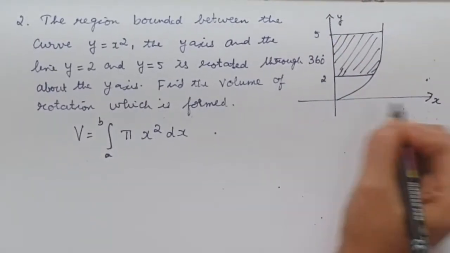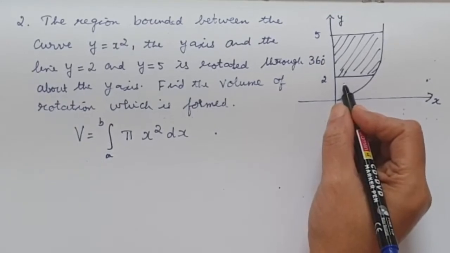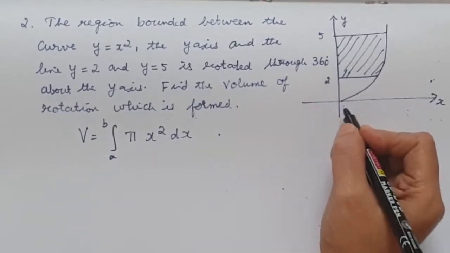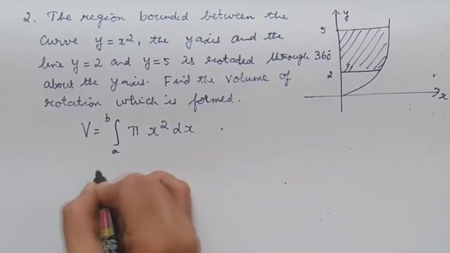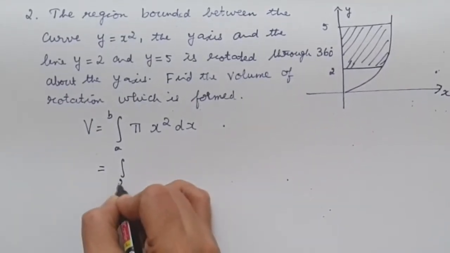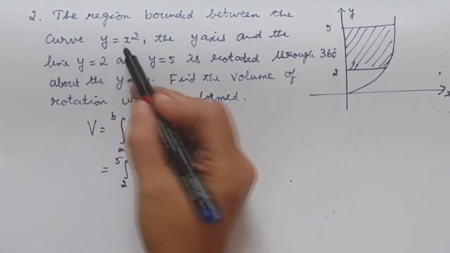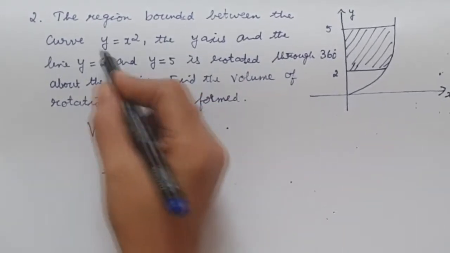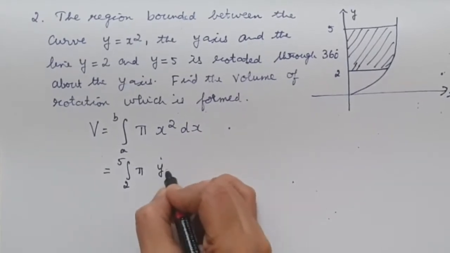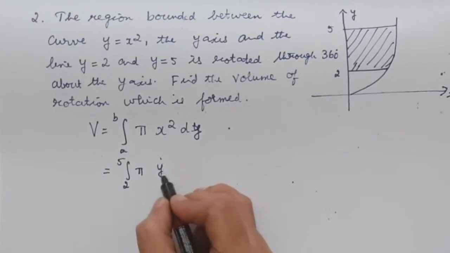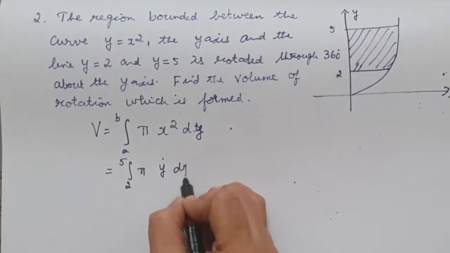So you need to be very careful and check whether the volume generated is rotated about the x-axis or about the y-axis. Now just substitute our values, that is, integration of 2 to 5 pi, and our curve is y equal to x squared. So instead of x squared, we can just write it as y directly. It is y into dy.